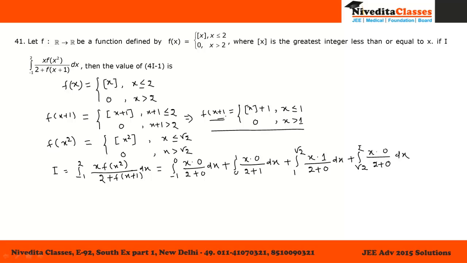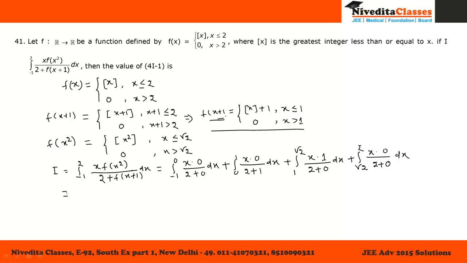When we integrate from 0 to 1, f of x plus 1 is 1 and g(x square) is 0. From 1 to root 2, f of x plus 1 is 0 and g(x square) is 1. From root 2 to 2, g(x square) is 0 and f of x plus 1 is 0.